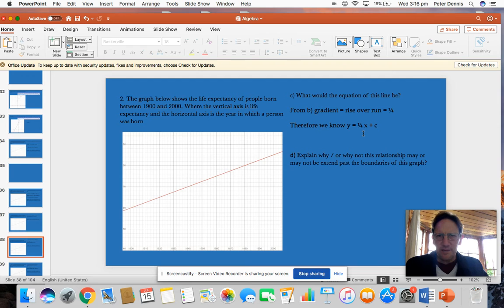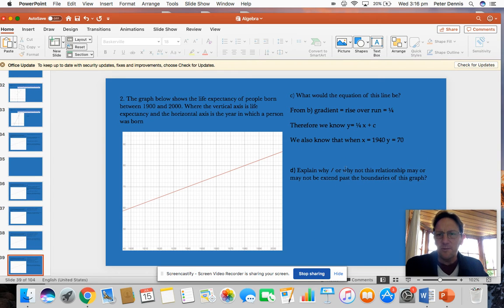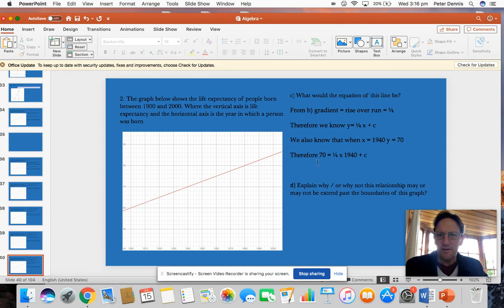But we've got all these other points. We also know that, in 1940, the average age is 70. So when y equals 70, x equals 1940. Let's substitute that in. So we know that 70 equals a quarter of 1940 plus c.